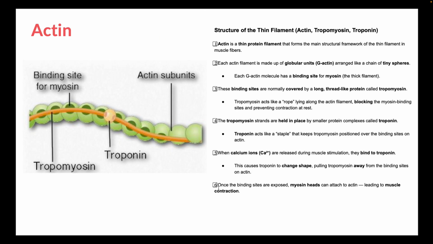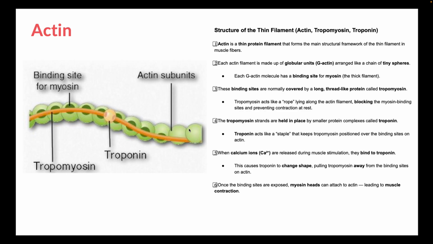So let's take actin. We are now talking of the sarcomere, and one of the proteins responsible for contraction is called actin. When you look at the actin, it is a thin strand of protein filaments.